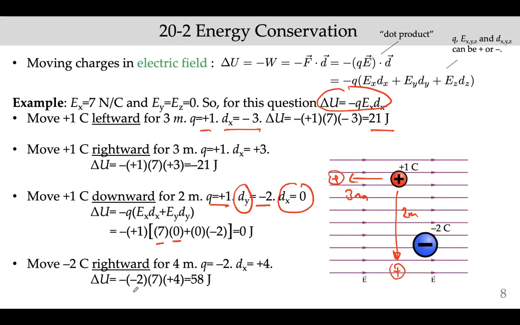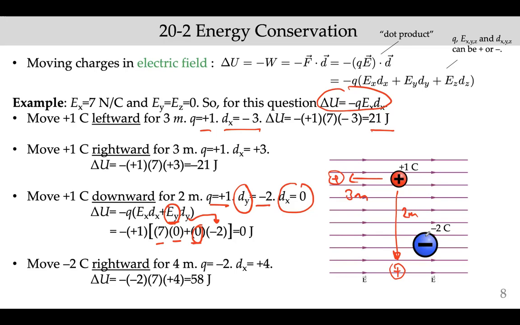So we got 0 here. For the second part, there is displacement in the y direction, but the electric field doesn't have any y component here. So that is 0. So Ey is 0. And you can see that this will give you 0 joules. What it means is if you move the charges in the perpendicular direction to the electric field, then the potential energy will not change.